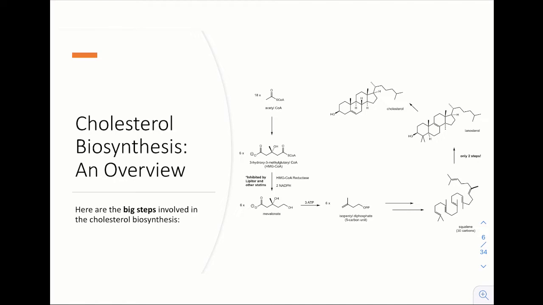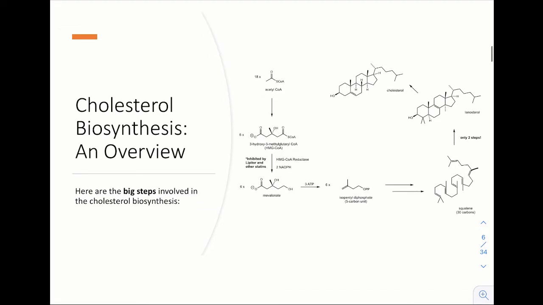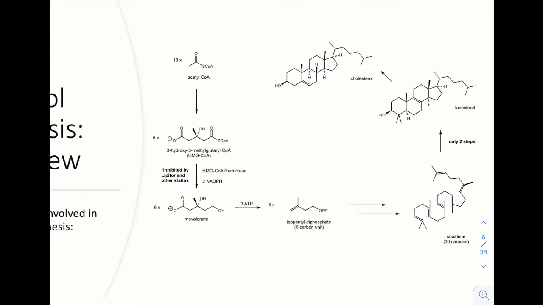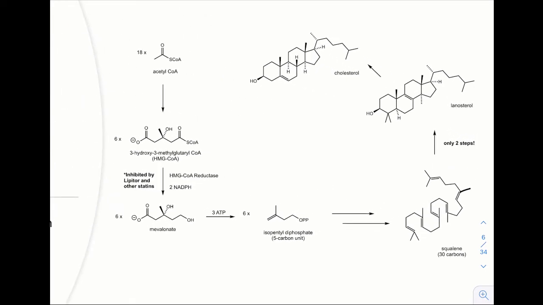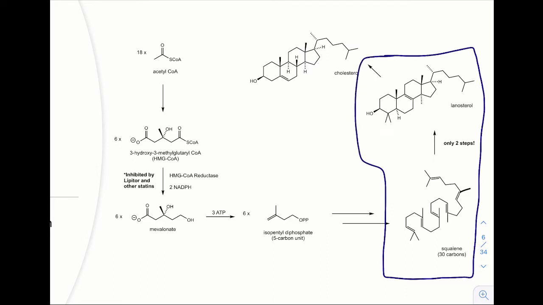Well, funny, but also we can do this. And by the end of the semester, we will sketch out the steps in cholesterol biosynthesis. Here are some of the big steps. And today we will focus really here from the conversion of squalene, this linear series of alkenes, into lanosterol. And then lanosterol is converted to cholesterol.